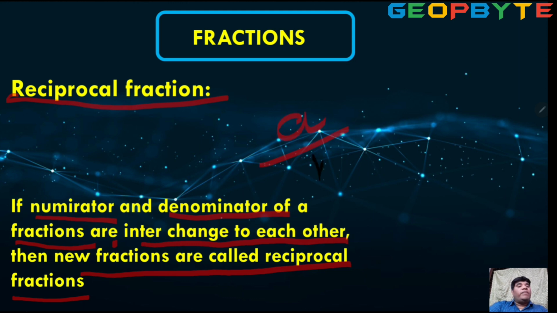Suppose a by b. Denominator and numerator interchanged, so b by a. This is a reciprocal fraction. 10 by 7. What is the reciprocal? 7 by 10.